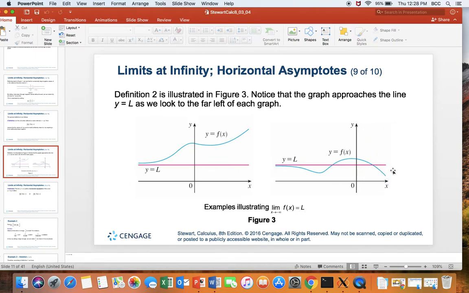On the right hand side, your curve is below, but as x approaches negative infinity, your curve starts getting closer and closer to L, more and more close. So this is what it means to say limit as x approaches negative infinity of f(x) equals L.